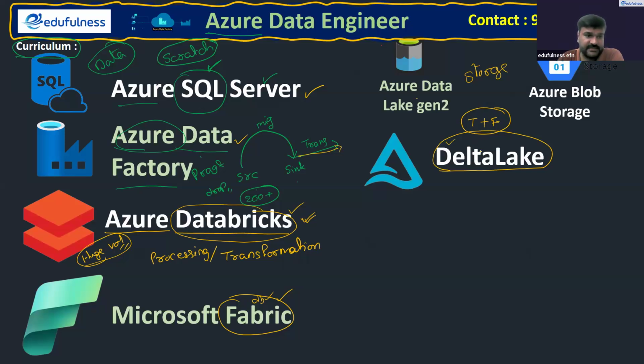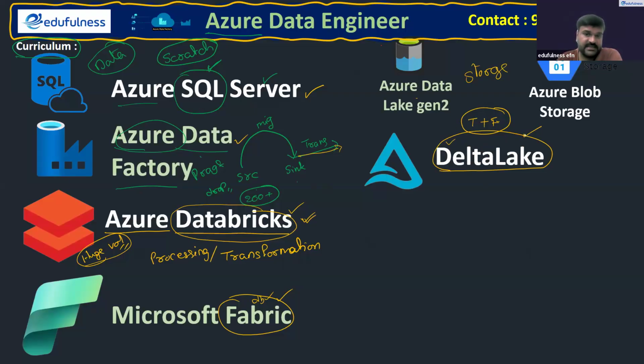So we will see it from the scratch. The advantage of Delta Lake is not just in Databricks, but in many other technologies also, like Snowflake or any other technologies, even in Fabric. Whatever we are discussing, practically whatever we are seeing, is exactly going to exist in other data engineering technologies, not just Azure related ones.